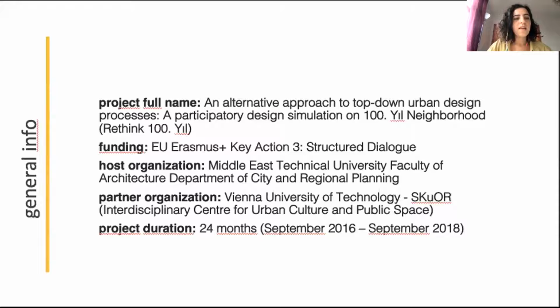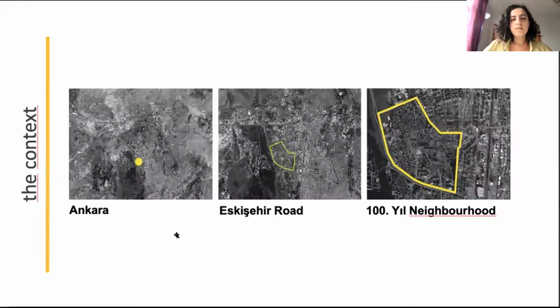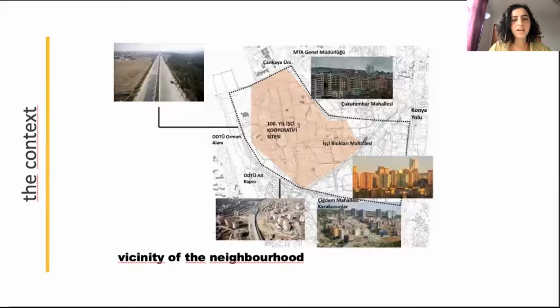I would like to just have a quick look at the context, that we did this project in Ankara, in a neighborhood that has a lot of pressure regarding urban transformation in a more capitalist sense.